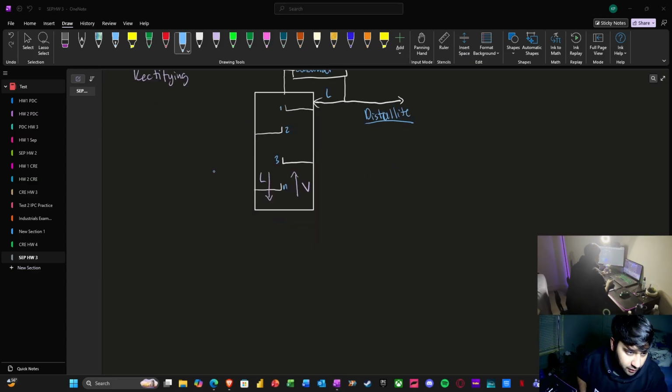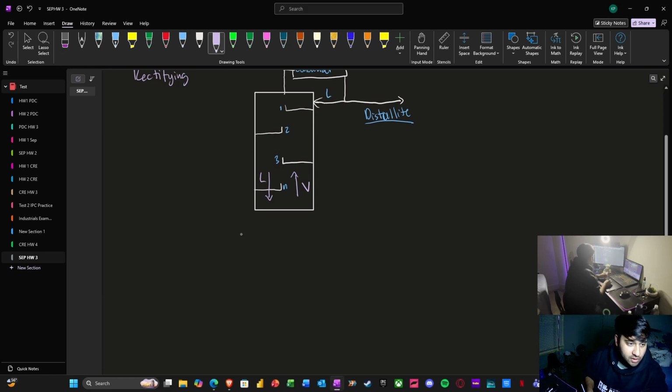So now we're going to look at our equation. We're going to start with defining what our vapor looks like. Our vapor is basically just the accumulation of liquid plus our distillate. And if we see right here, we have our rectifying column. For this process, we're going to look at it going up, down.